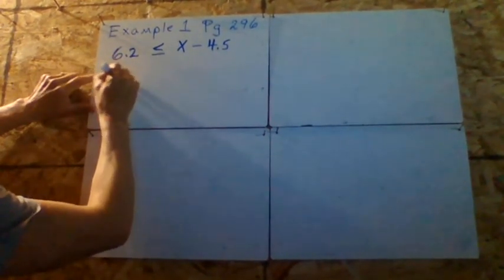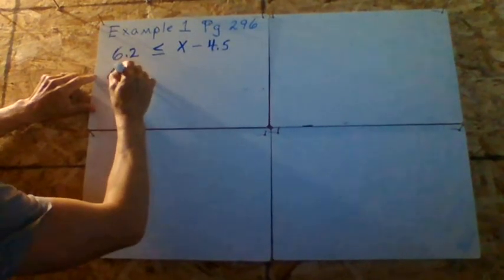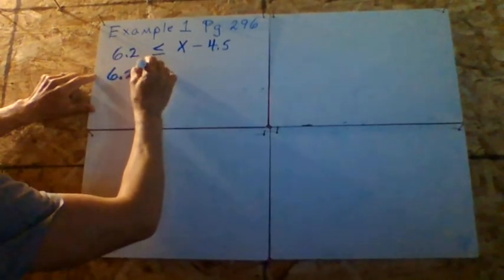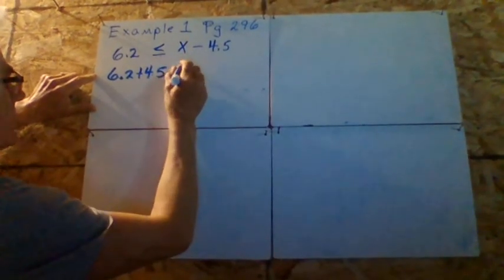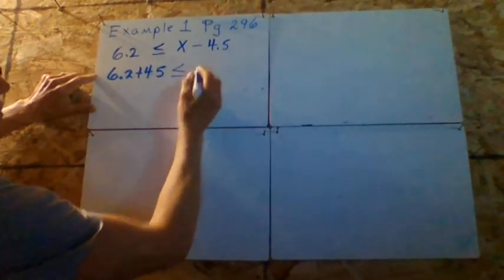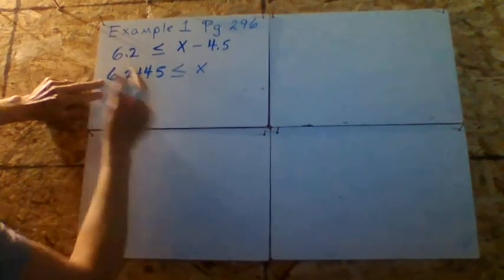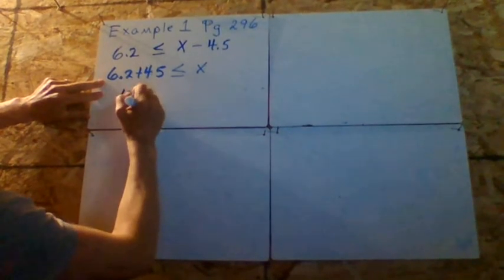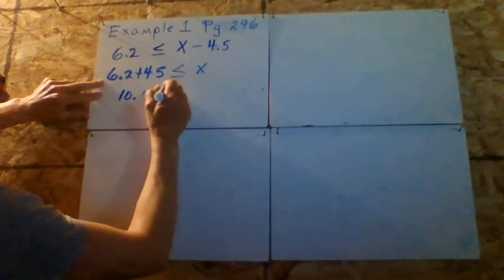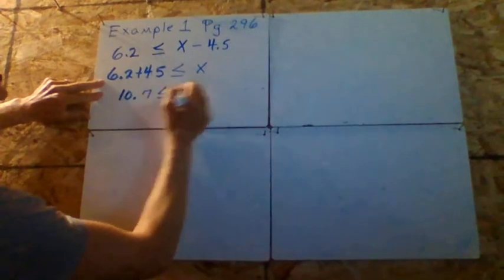So I'll have 6.2 plus 4.5 is less than or equal to x. So it's at 6 and 4, so that'll be 10.7 is less than or equal to x.